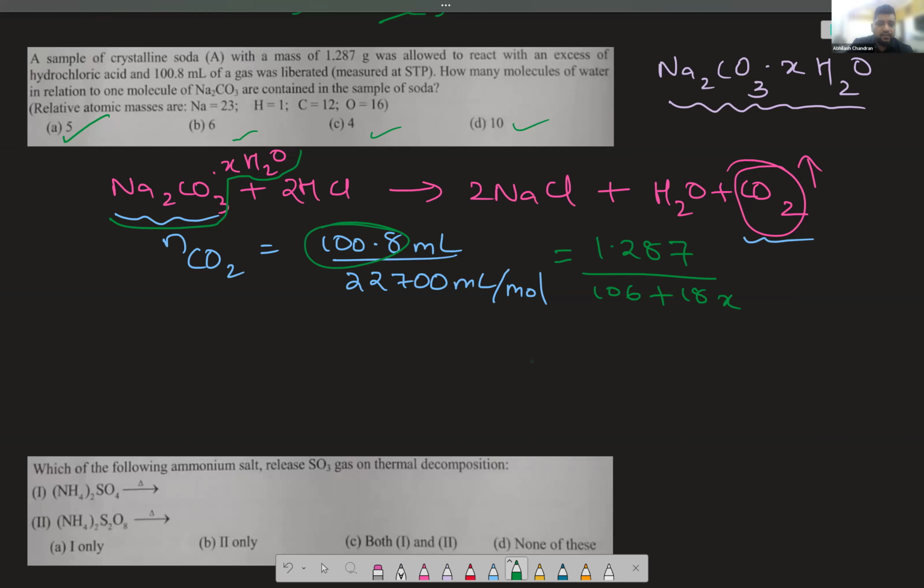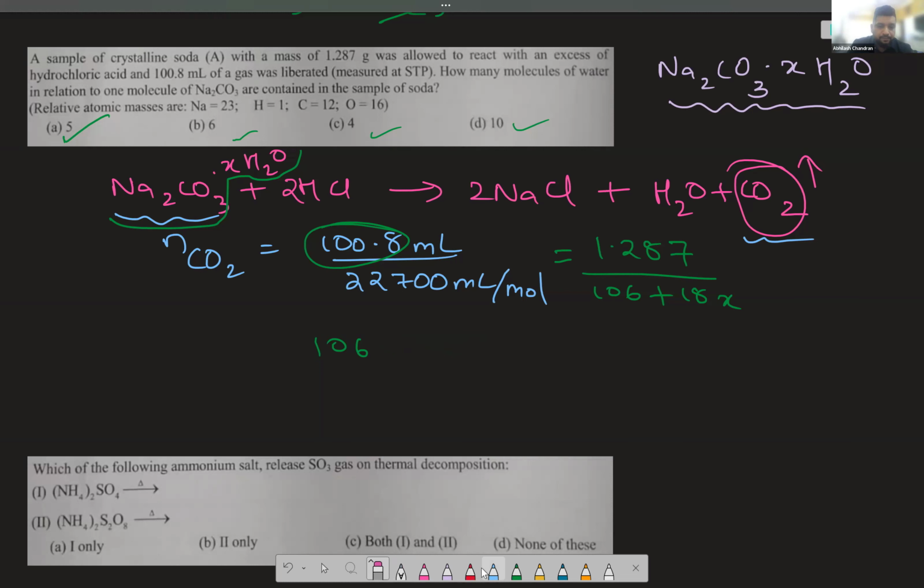So 106 into 100 would have been 10600, and 101 would have given me 10600 plus 106. Of course, if you want to do the exact calculation, then do 0.8 into 106. 0.8 into 106 is what? 10.6 into 8, 80 plus 4.8, 84.8. If you want to do that, do it.